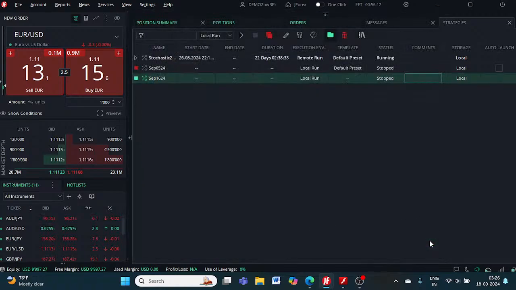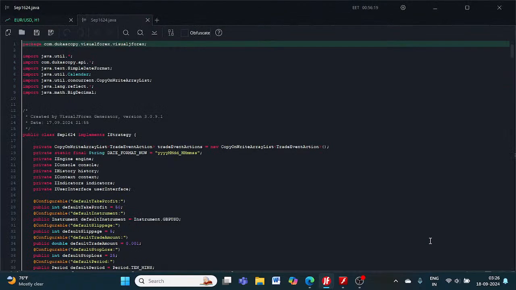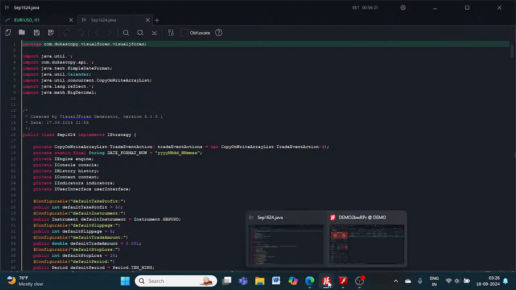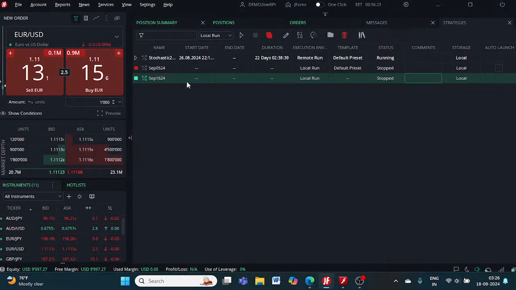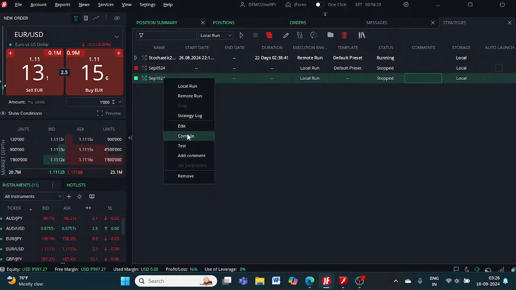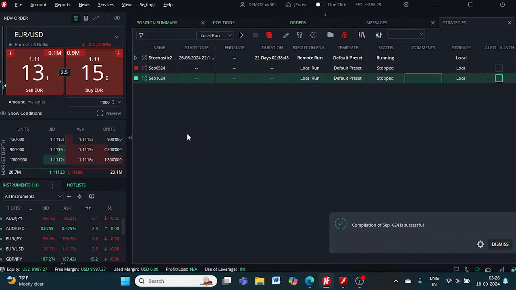The new one, September 16th, 2024. I am going to first compile it so that the compiler can read it properly. Then we will do a test.